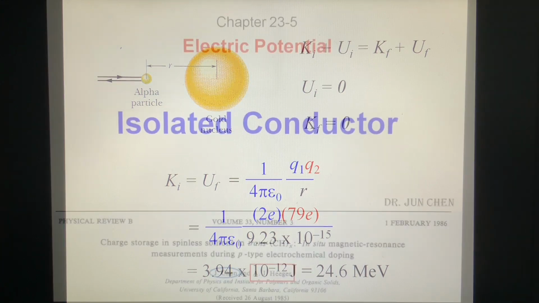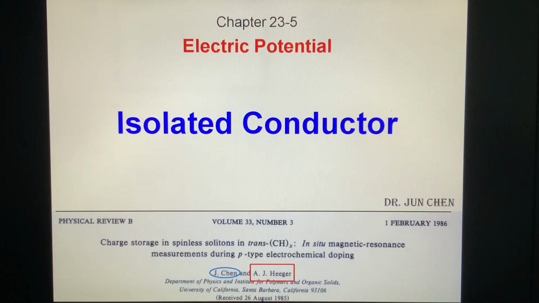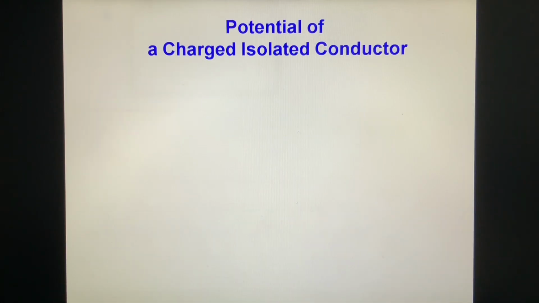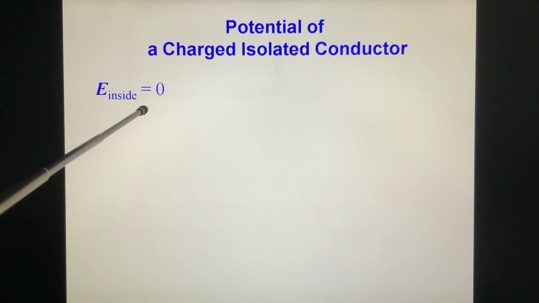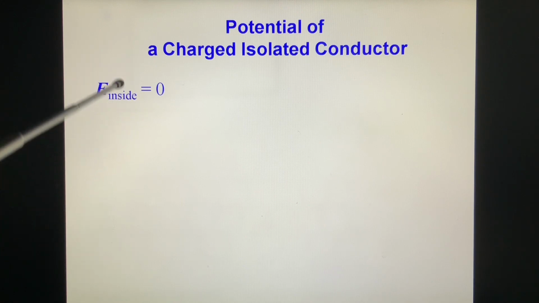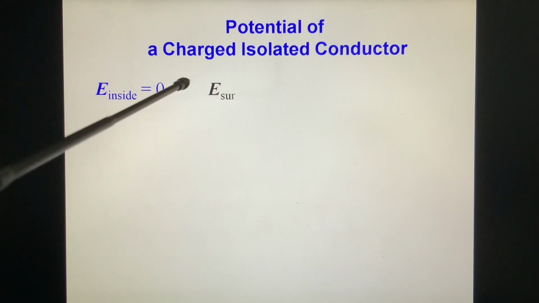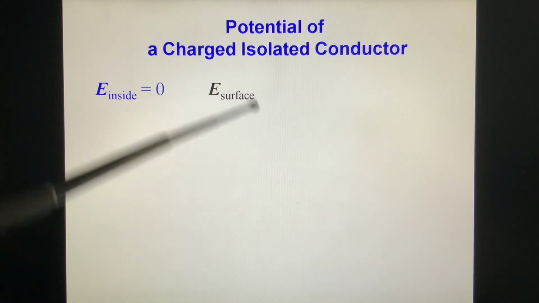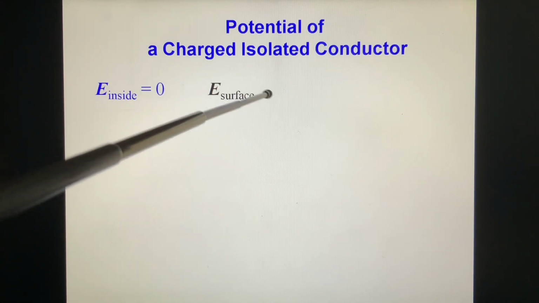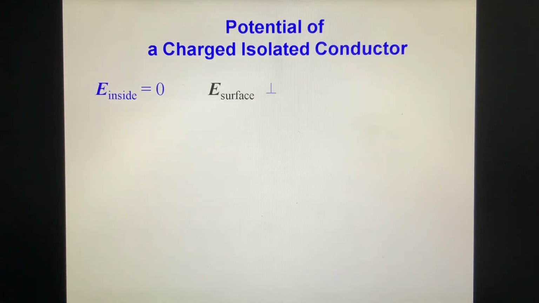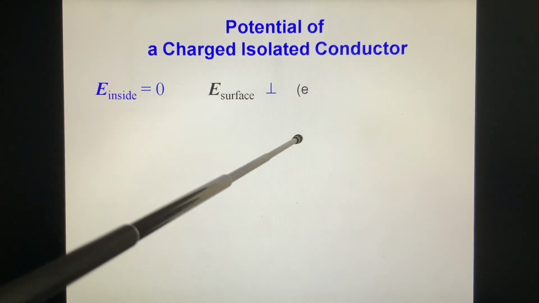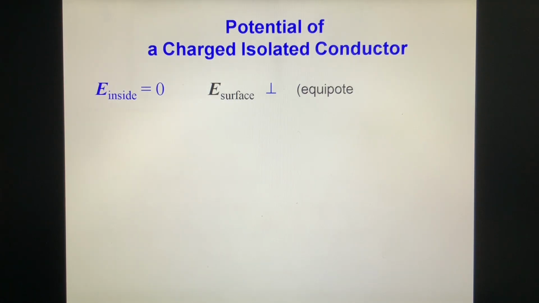Isolated conductor. Potential of a charged isolated conductor. E inside is 0, as we have explained before. If it is not 0, we would see a current inside, and that's not true. And E at the surface is perpendicular to the equipotential surface of the conductor.